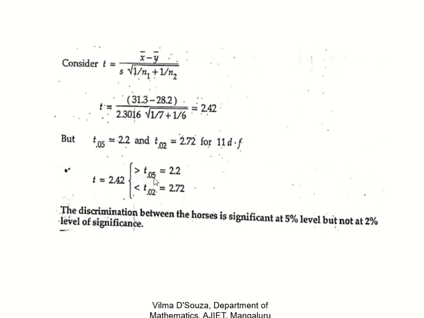That is, you are rejecting the null hypothesis that there is no discrimination between the two horses at 5% level, but not at 2% level of significance. At 2% level, there is no discrimination between the horses. So you can say with 95% confidence that there is a significant difference between the two horses. But at 98% confidence, you can say that there is no difference between the two horses.